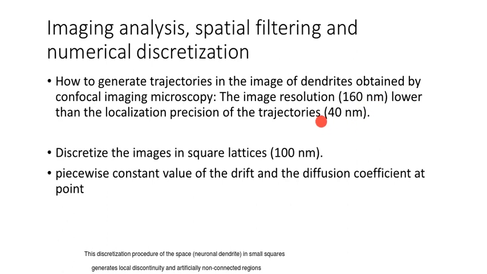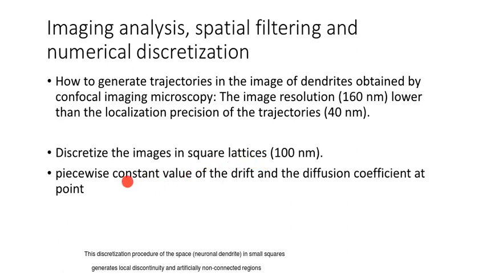We would like to keep the information about this very accurate resolution and still use this in an image that was not super resolved but contains the information about structure. For this we need to discretize the image into pixels.